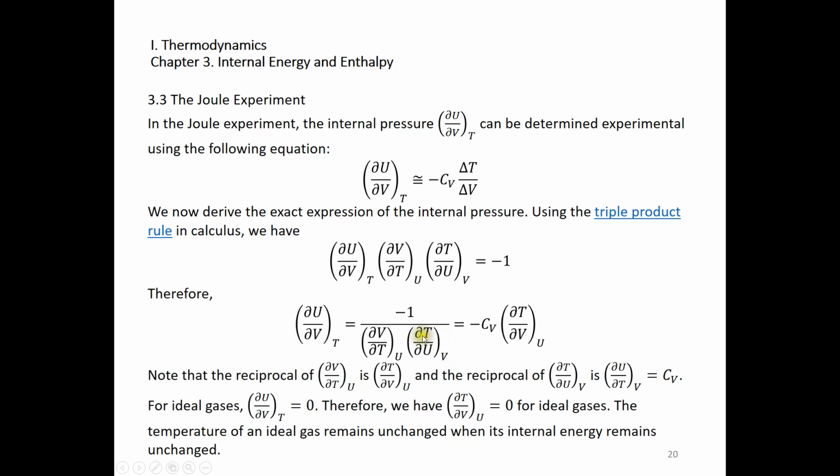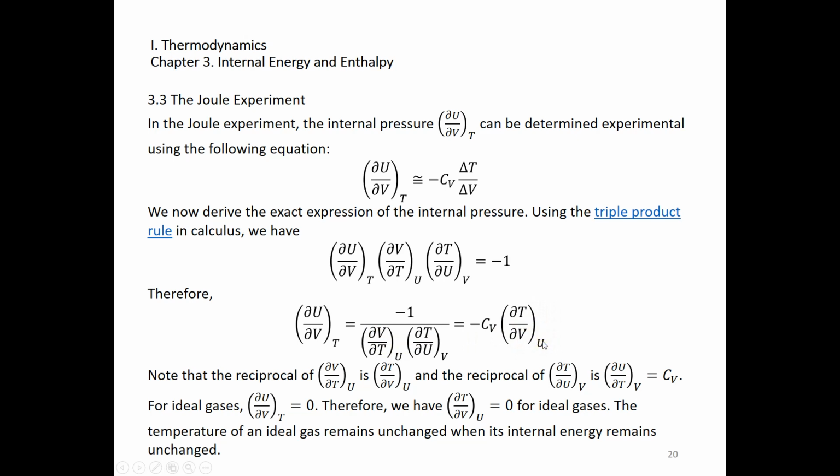This ∂T/∂U at constant volume is the reciprocal of CV, the isochoric heat capacity. So we put CV here, and then over here we can flip this as well, as long as we have the same subscript U here. So the reciprocal of this is ∂T/∂V at constant internal energy.